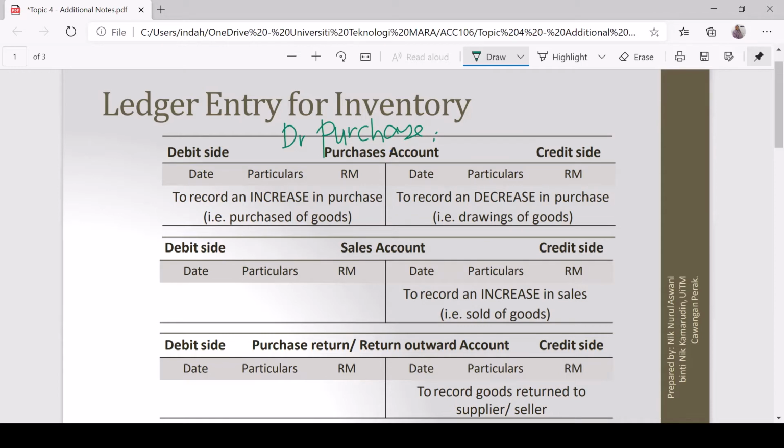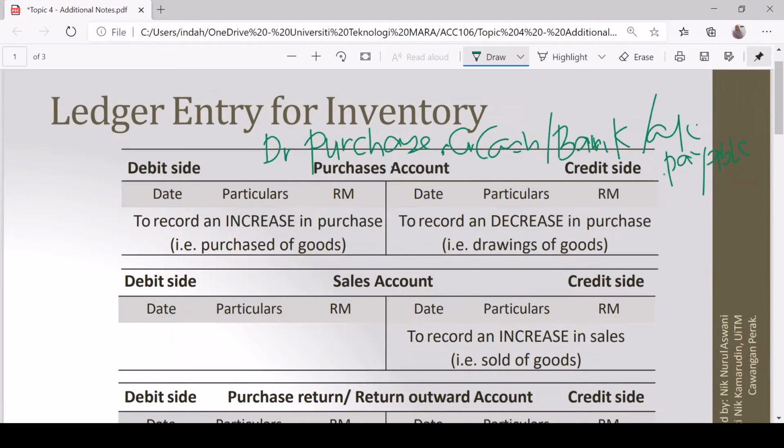And then you credit, depending on how you purchase. Is it on cash or on credit? If you pay by cash, then you credit the cash account. If you are using a check, then you credit the bank account. If you did not make any payment, you purchase on credit, then you credit account payable.